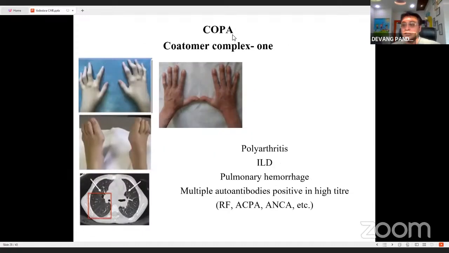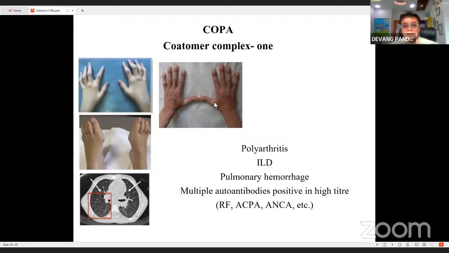And the newest of the diseases is COPA syndrome. If you have a child with polyarthritis and you find clubbing on clinical examination, and if you get an HRCT you find ILD, we should not simply treat it as polyarthritis plus ILD, but we have to think of this new COPA syndrome.